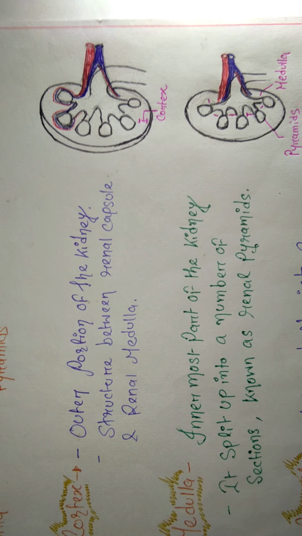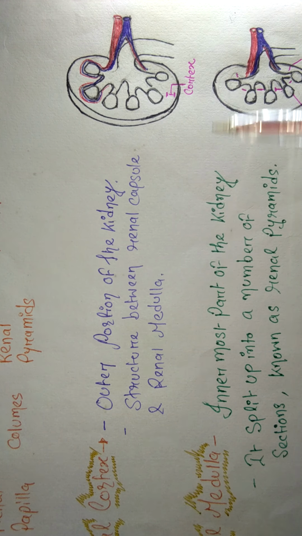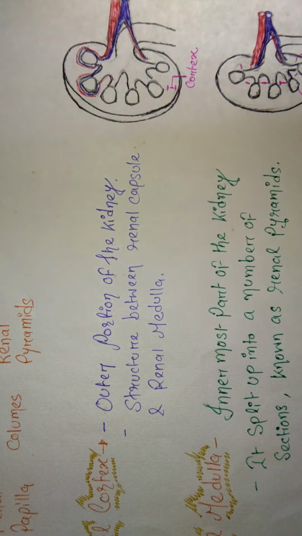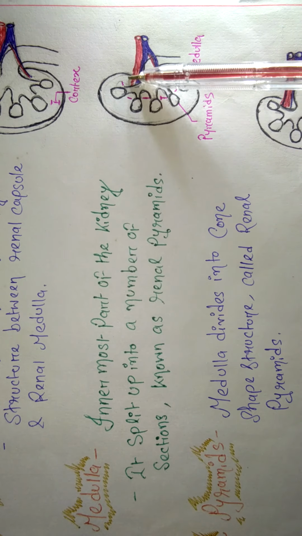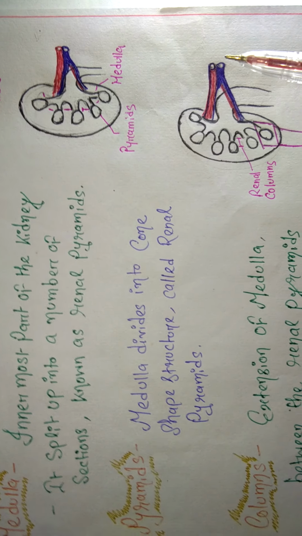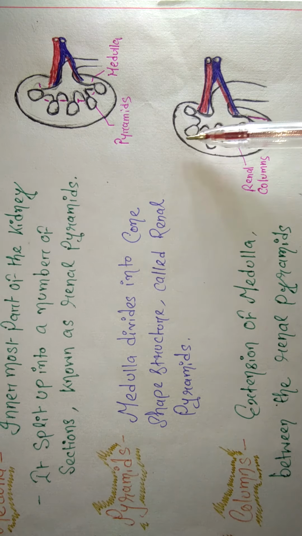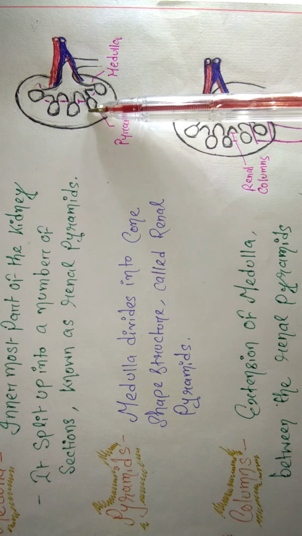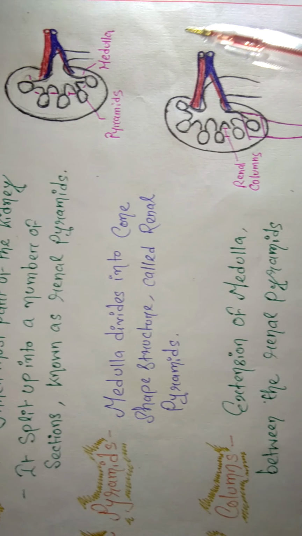Let's repeat the parts. The outermost part is called the cortex, and the innermost part is called the medulla. The medulla extends to form renal pyramids, which are cone shaped structures.